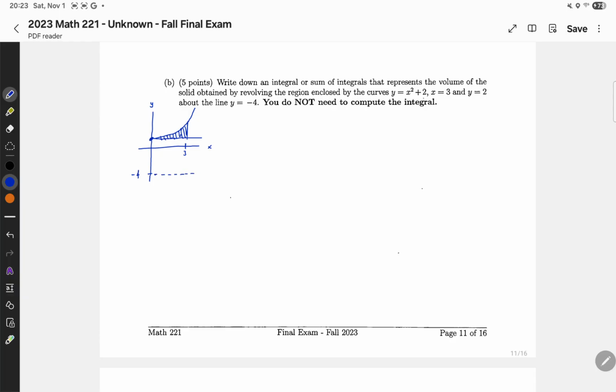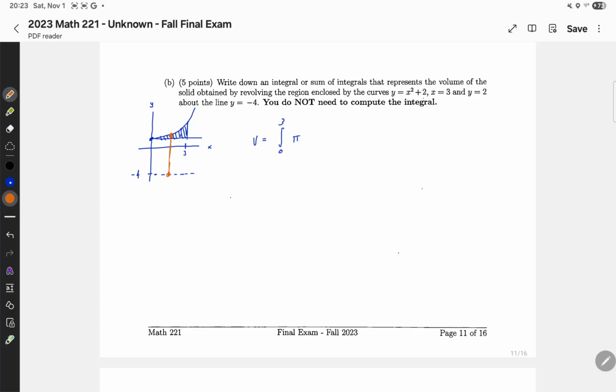The way we want to do this is the volume is equal to an integral, and of course this integral is going to go from 0 to 3, across this x along here. We're going to want to make two circles. For the first circle, the radius is going to be the outside edge. So how big is it from way up here to way down here?